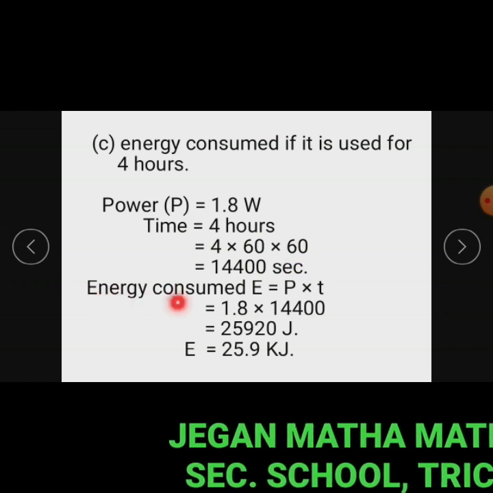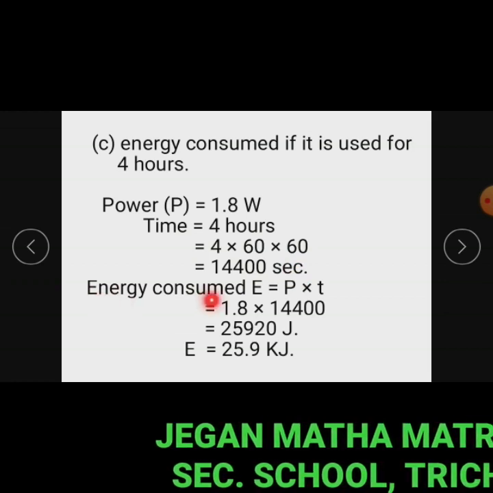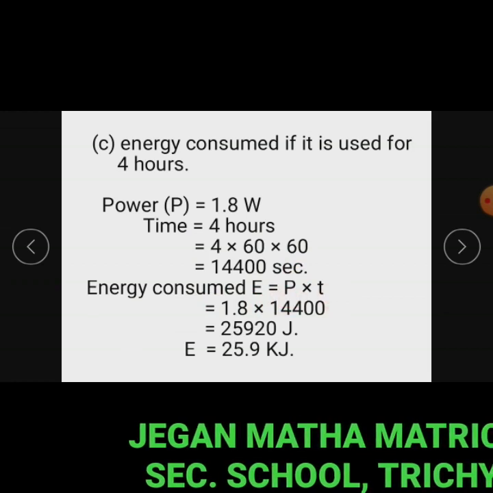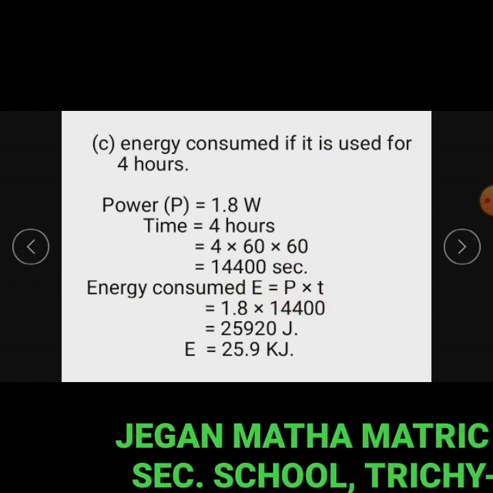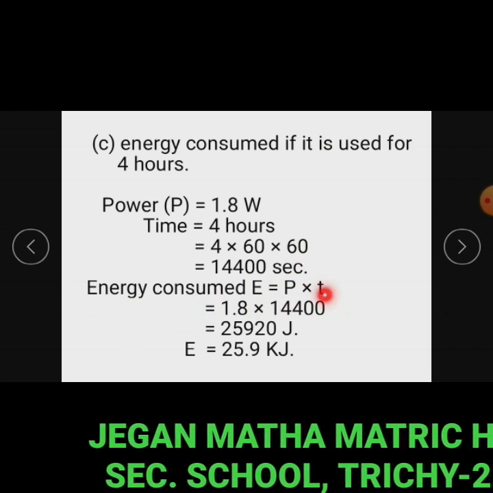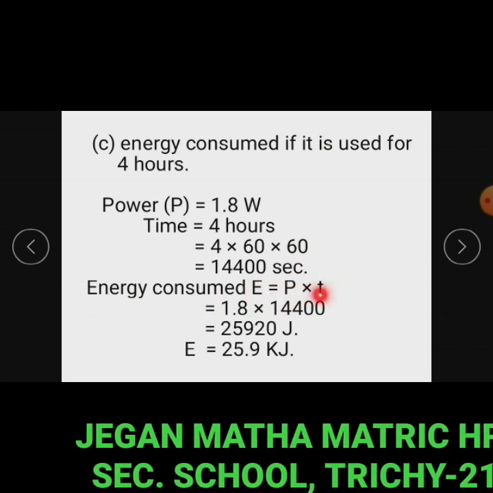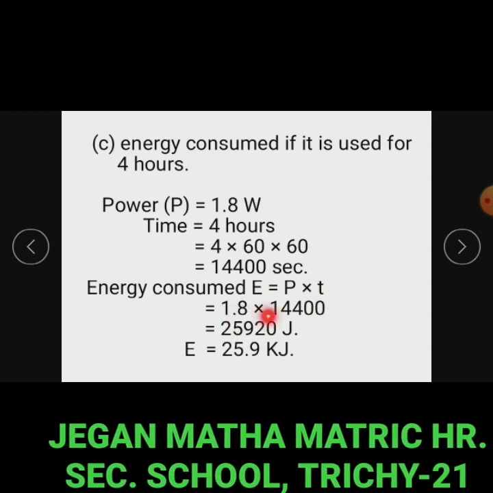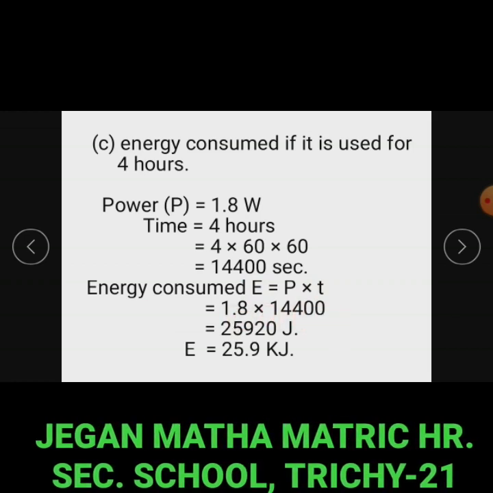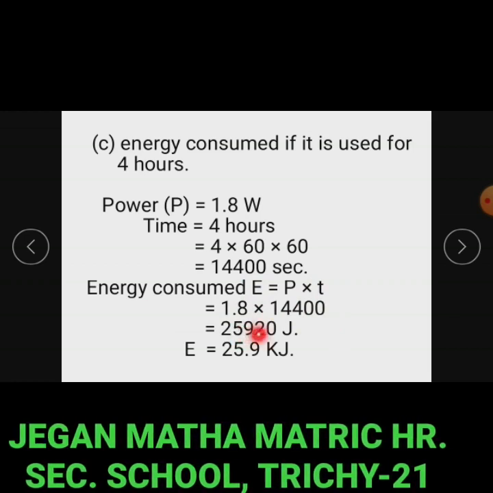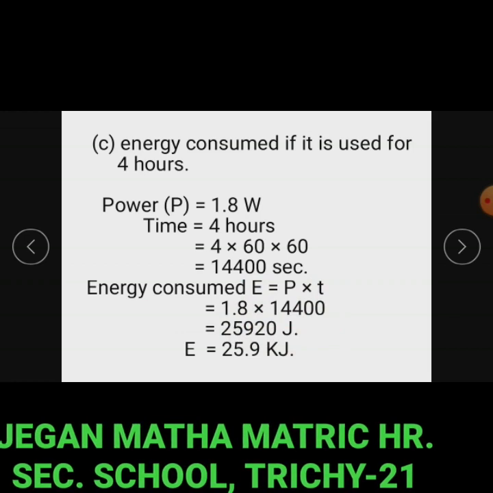Energy consumed for 4 hours E equal to P into T. Now we substitute the values of P and T in the formula E equal to P into T equal to 1.8 into 14,400 equal to 25,920 joules.